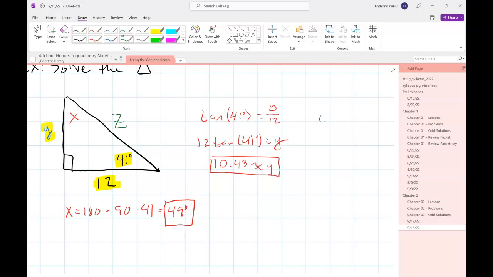Why is cosine going to be more accurate than doing the Pythagorean theorem? Not that that was the wrong answer. I want to be clear. What's going to be better about this calculation? More exact. Yeah, I have a rounded answer in here that I'm using. I have no rounding going on in here. I'll get a slightly better answer.